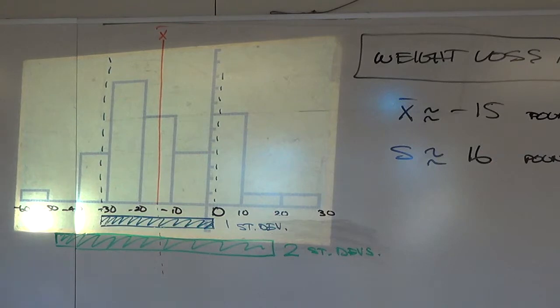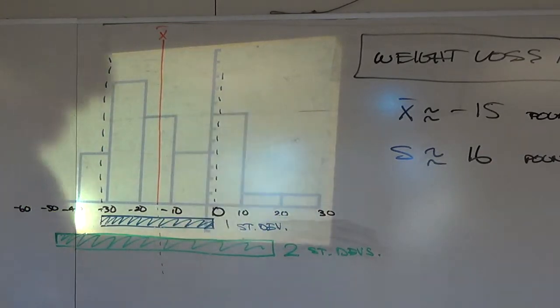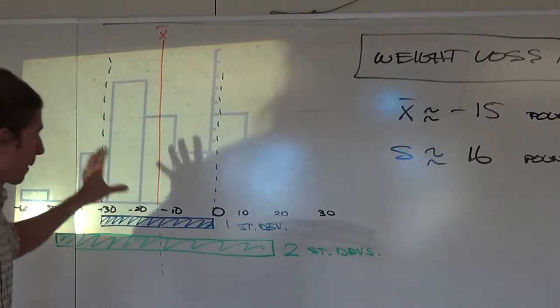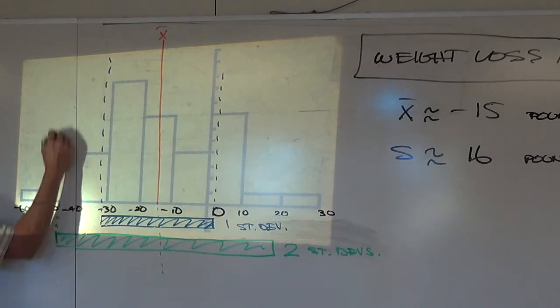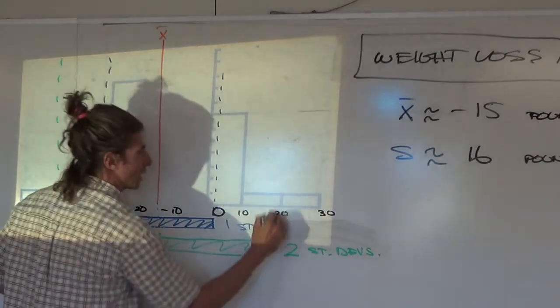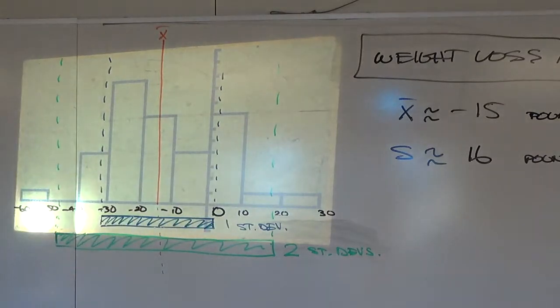The empirical rule, as it's called, says roughly 95% of bell-shaped data is going to be from here to here, which means 5% should be on the outside of that. That's what is technically usually called an outlier in statistics, that extra 5%.